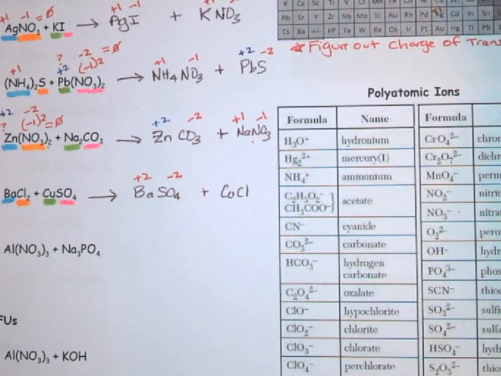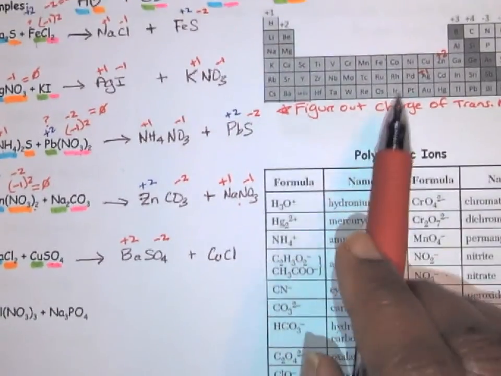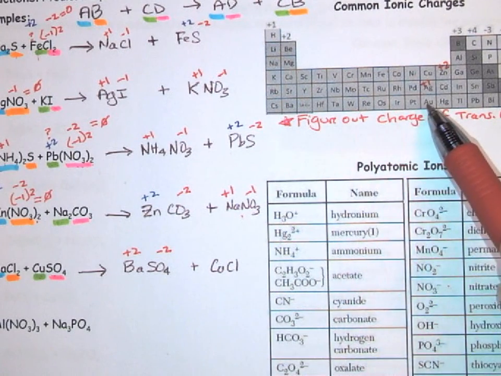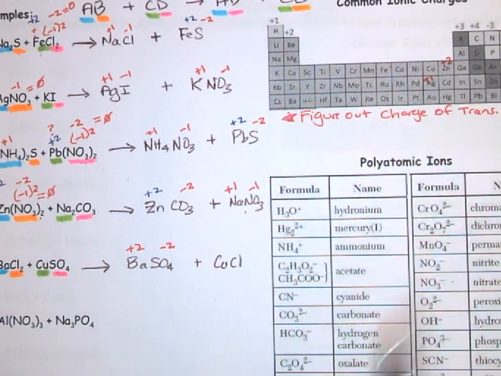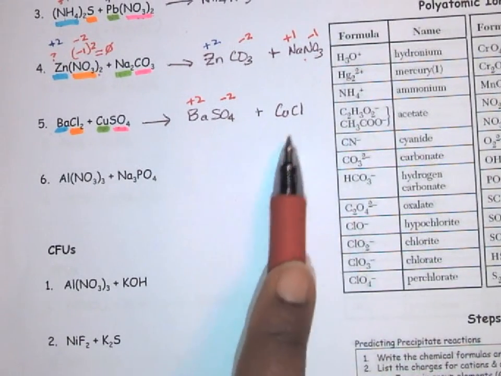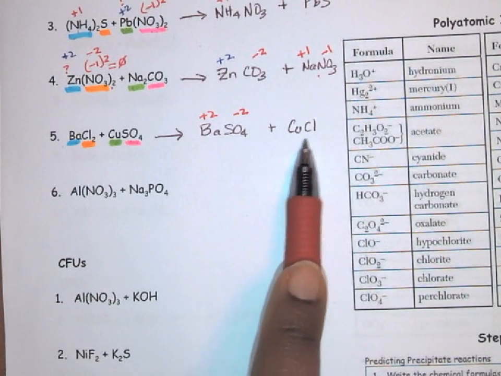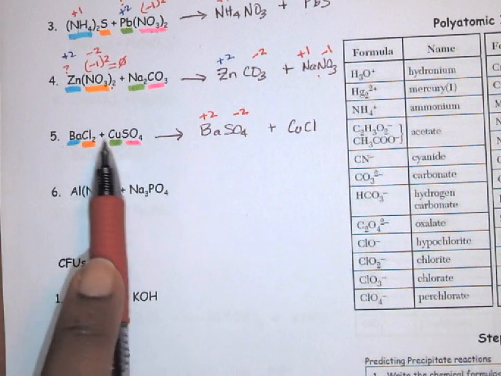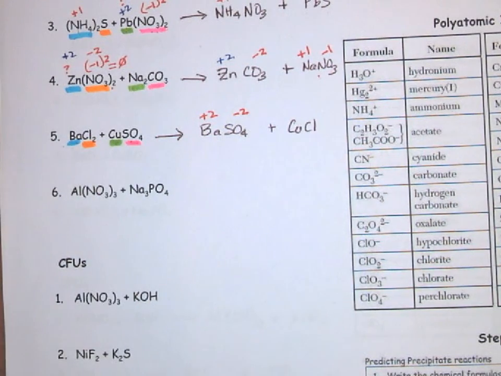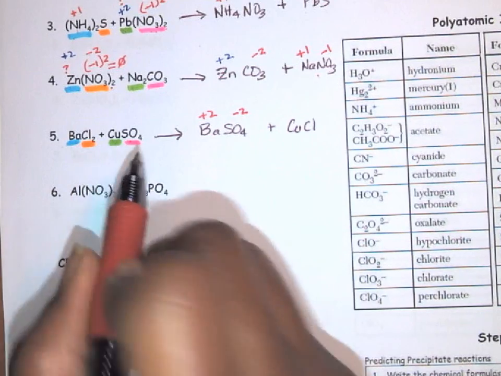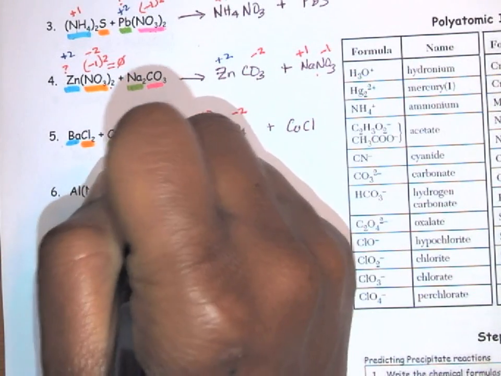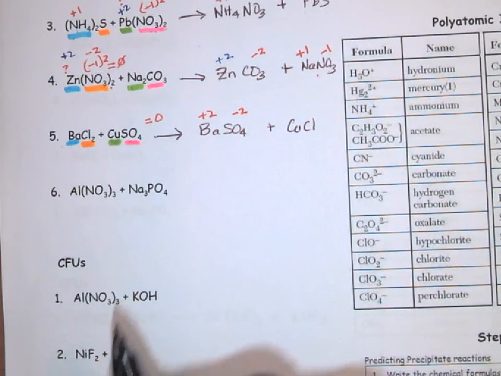Now we're going to look for copper. Copper is a transition metal, right? So here's copper, in the transition metal section, so I have to figure out the charge. To figure out the charge of the copper in the product, I need to go back to the reactant that has copper in it. And I know that the overall charge of this compound is 0.